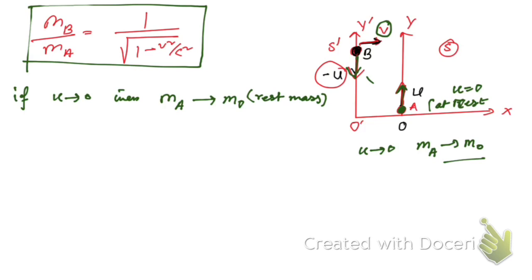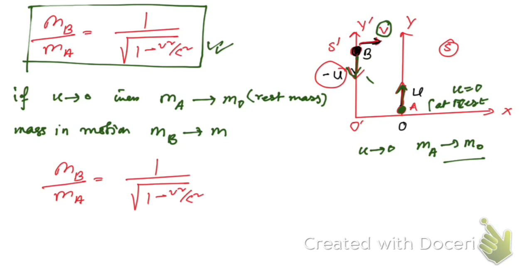And for the mass in motion, let me consider this mb is m, suppose. Okay, mb tends to m.